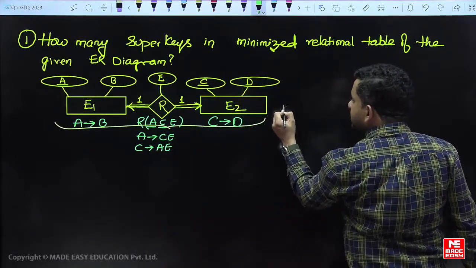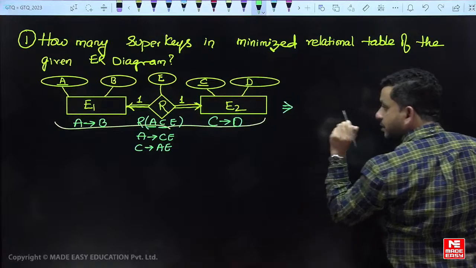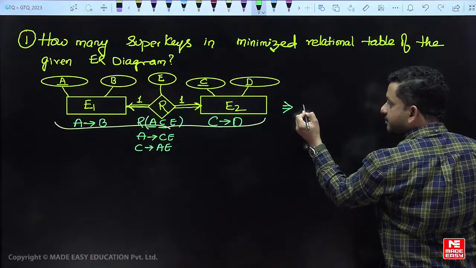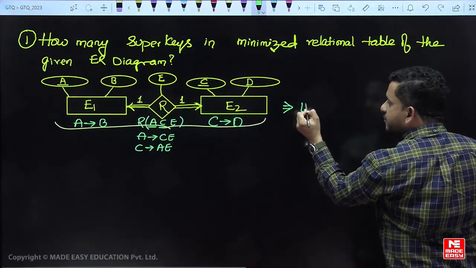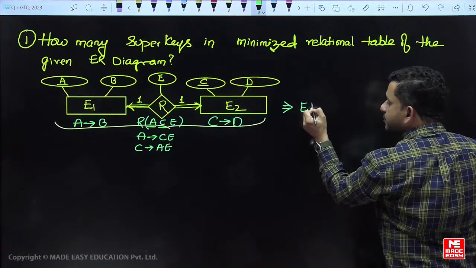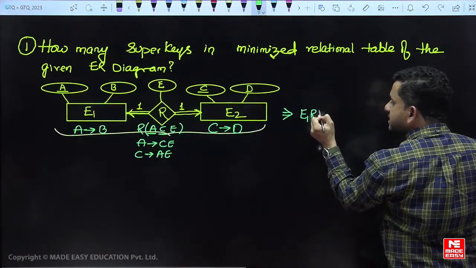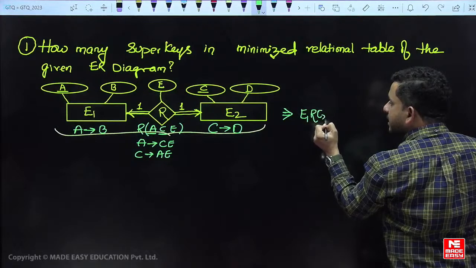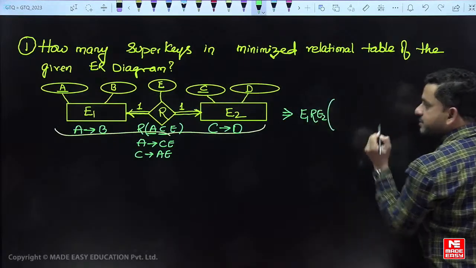So if we convert this ER diagram to RDBMS tables, one single relational table is required. E1, the relationship set, and entity set E2 combined can be stored in the single RDBMS table.